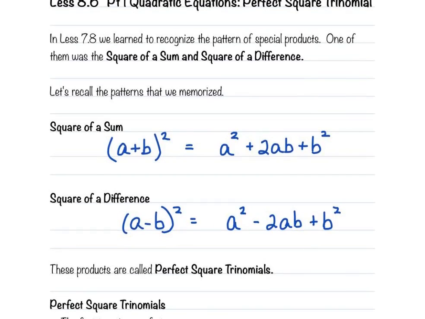We learned that when we have the square of a sum, a plus b squared, it will equal a squared plus 2ab plus b squared. And when you have the square of a difference, a minus b squared, the product will be a squared minus 2ab plus b squared. These products are called perfect square trinomials.